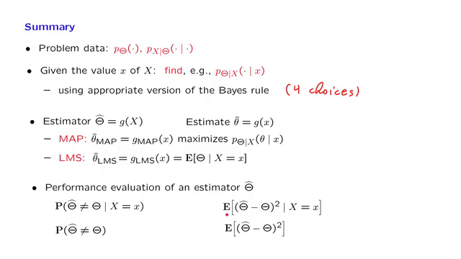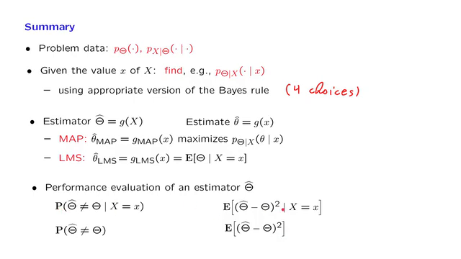We find the conditional expectation of this squared error in this particular situation where we have obtained a specific value of the random variable capital X. On the other hand, if we're looking at the estimator more generally, how well it does on the average, then we look at the unconditional mean squared error, and this gives us an overall performance evaluation.